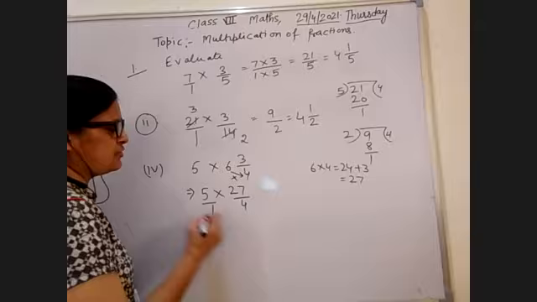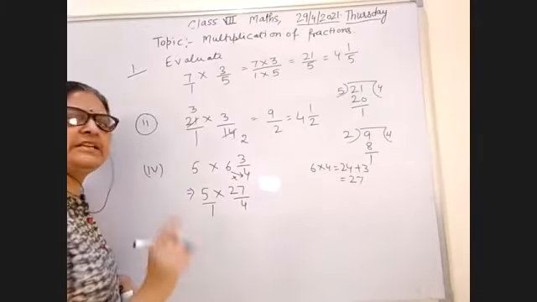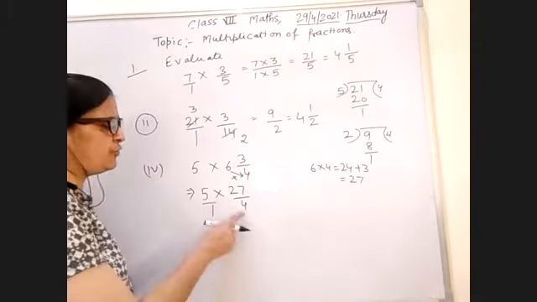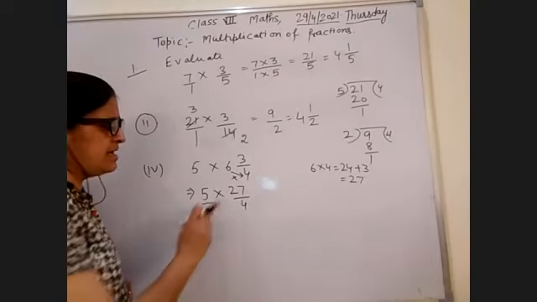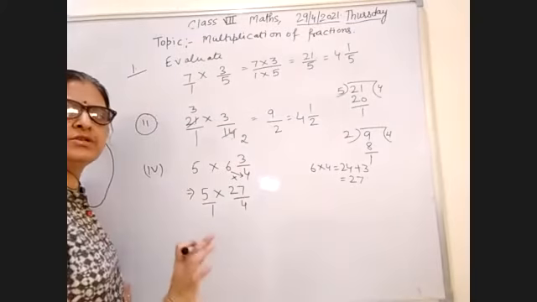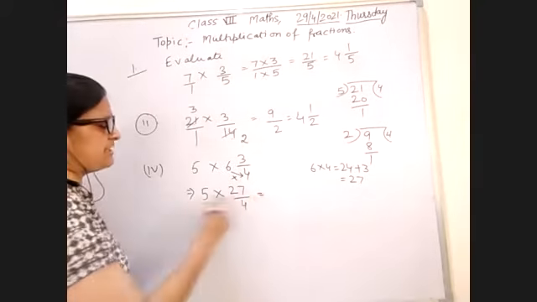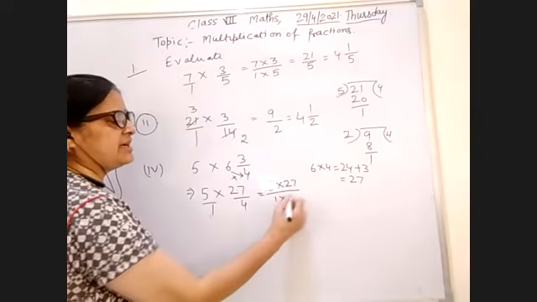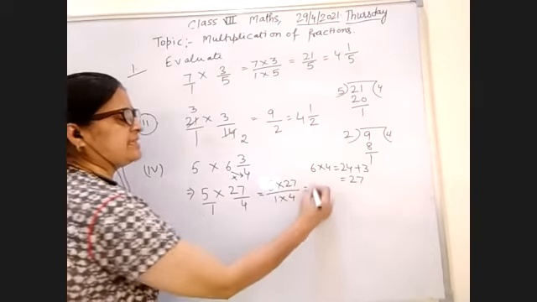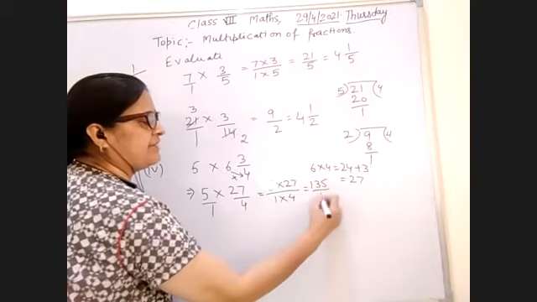So now no number is cancelled. Okay, 5 and 4 have no common factor. Only 1 is the common factor. And 27 and 1 is also not cancelled. So multiply numerator with the numerator and denominator with the denominator. 27 fives are 135 upon 4.